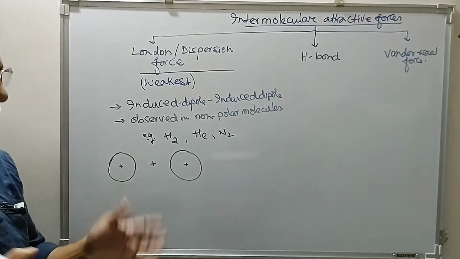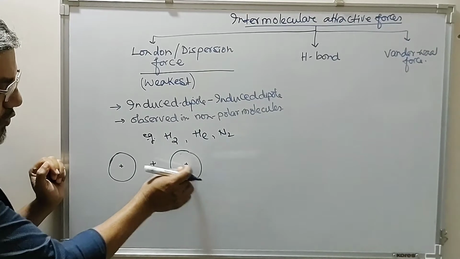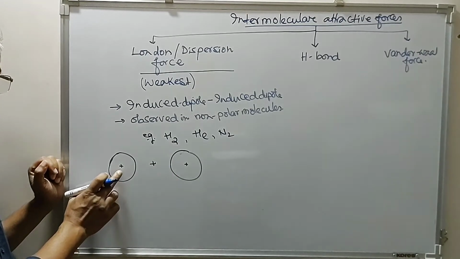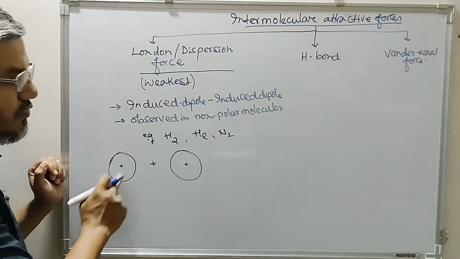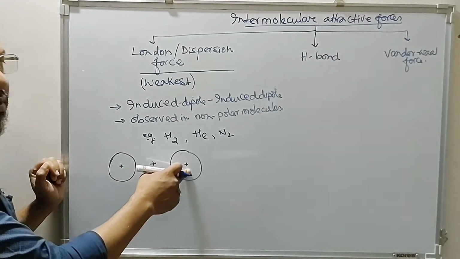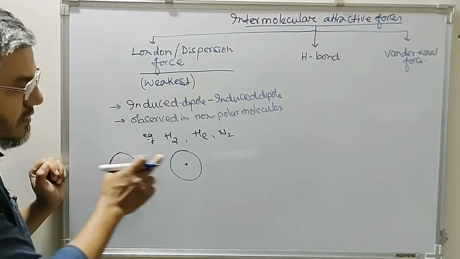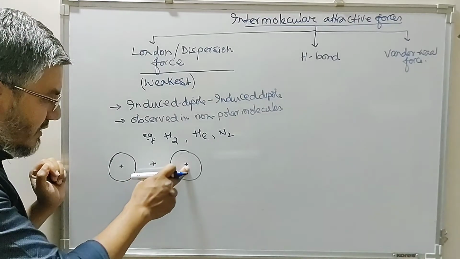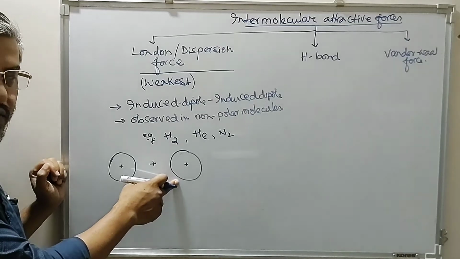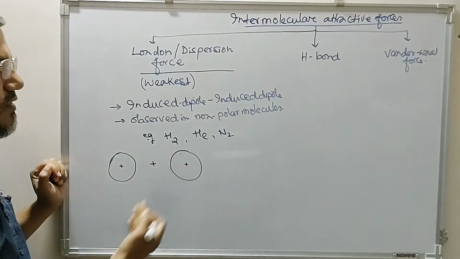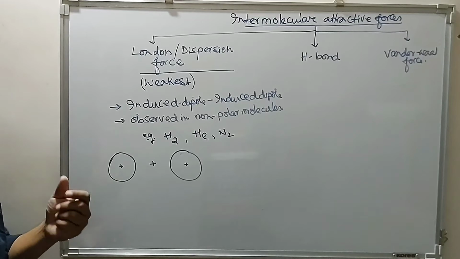So this molecule will temporarily induce a dipole in that molecule. Similarly, that molecule will also induce a temporary dipole here. That means nucleus repels nucleus, and simultaneously this nucleus attracts the electrons of the other molecule. This is what we call temporary induction of dipole.